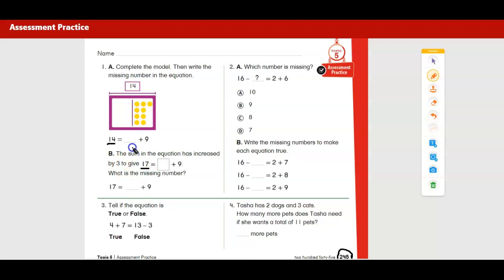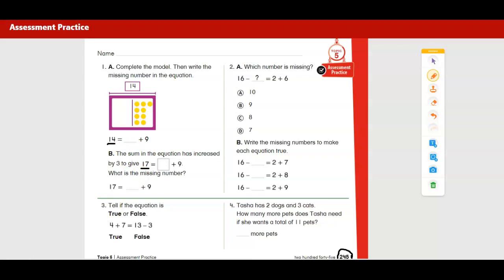So in part A, you are finding blank plus 9 equals 14, and you wrote your missing number. Now you're finding blank plus 9 equals 17. So what is this missing number? What are you adding to 9 to get to 17? And you'll just write your missing numbers in the blank.